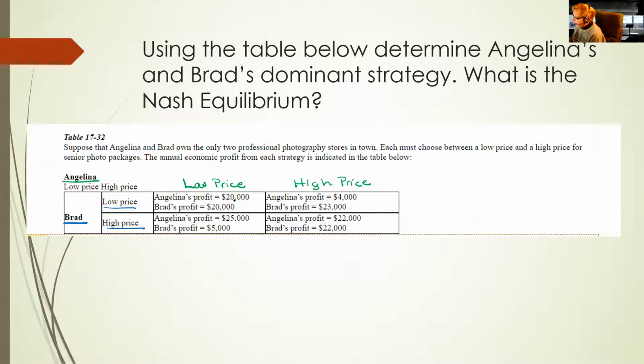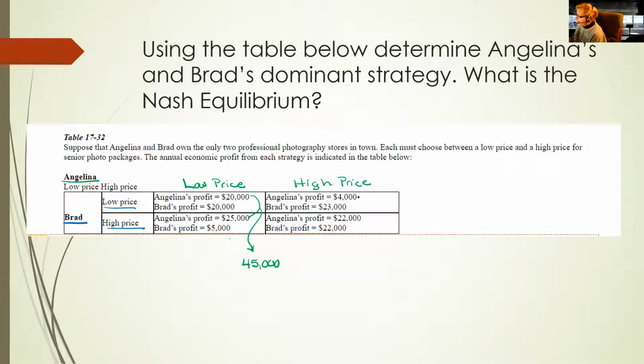So the first thing we want to do is to determine, and I'll start with Angelina, Angelina's profit. Angelina has a profit of $20,000 and $25,000, so $20,000 added to the $25,000 gives us a profitability of $45,000.